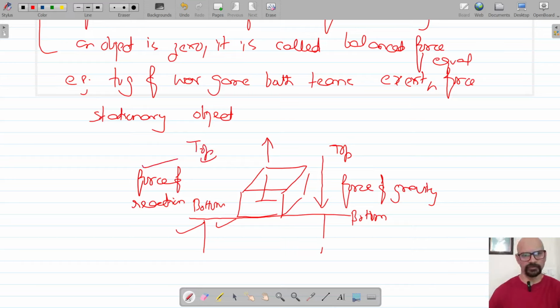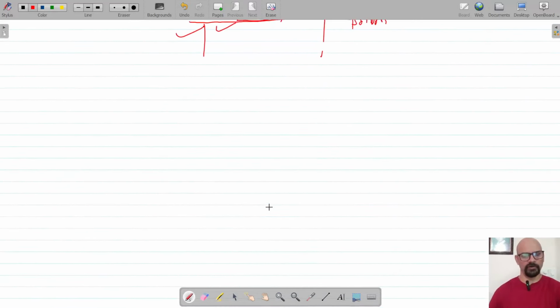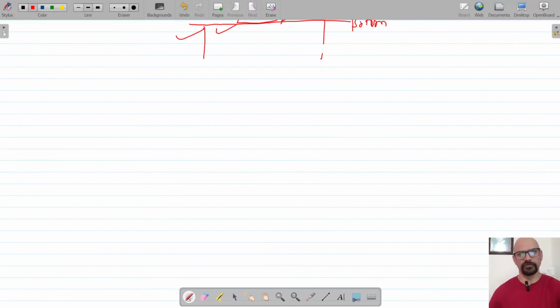So the force of reaction and the force of gravity balance each other, due to which the box does not move. So this is an example of a balanced force.